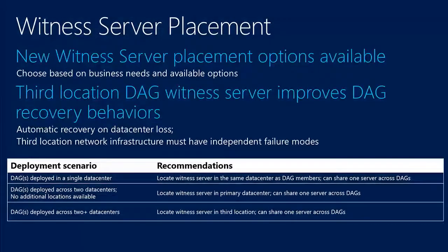Now, witness server placement, that's something else that has changed slightly in Exchange 2013. And by changed, I mean we give you more options now. Okay, so in 2010, we pretty much wanted your witness server to be in your primary data center, even if you had more than 2 data centers. The architecture of Exchange 2010 did not contemplate and, in fact, specifically rejected the concept of a data center failover.